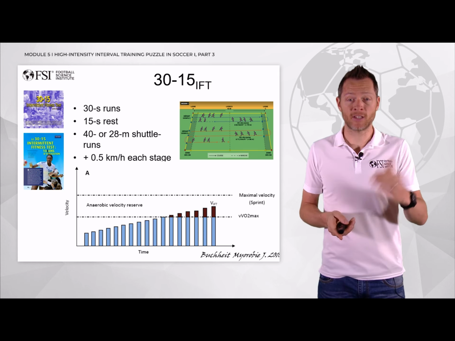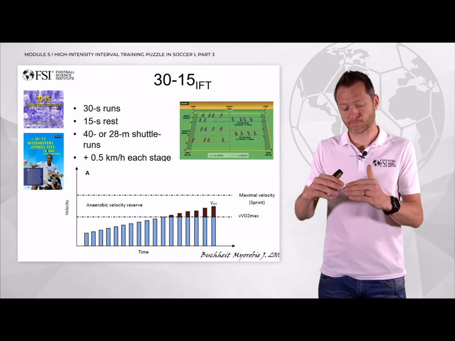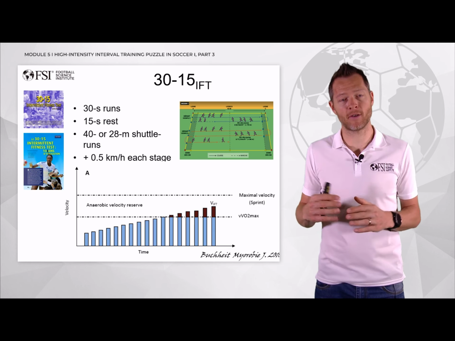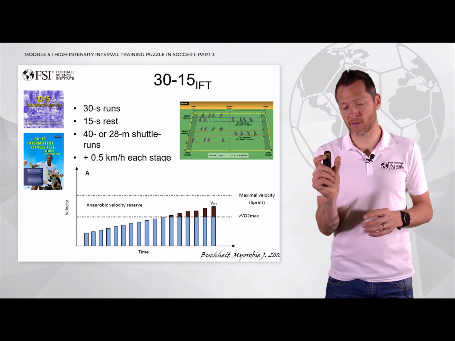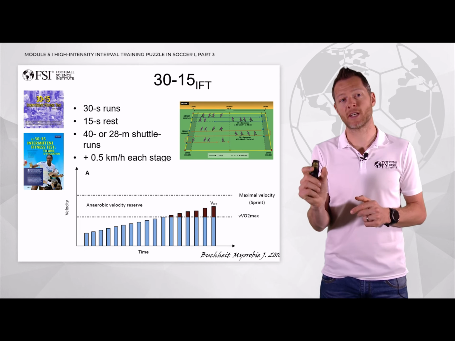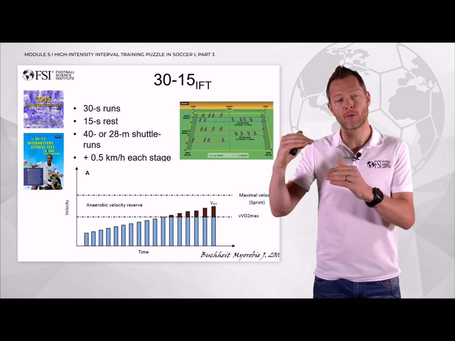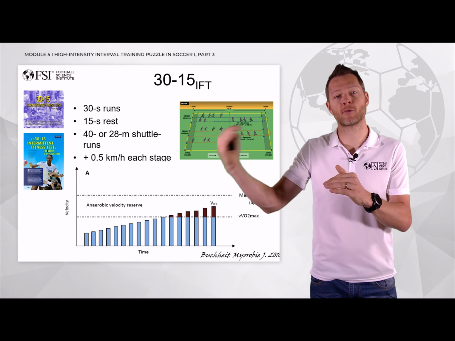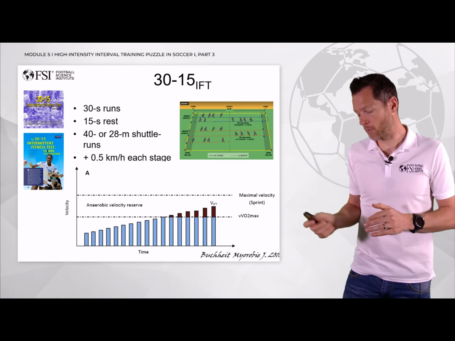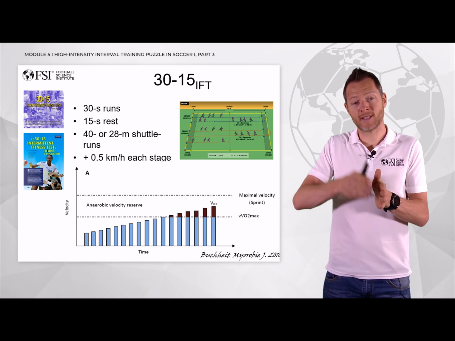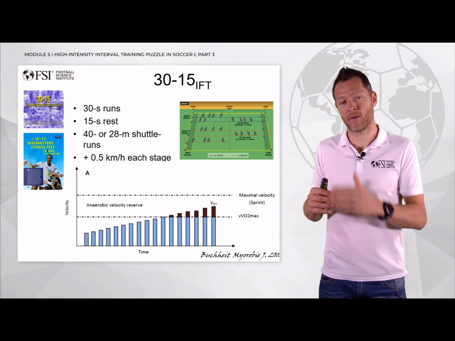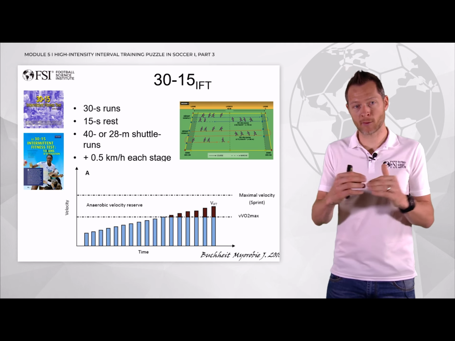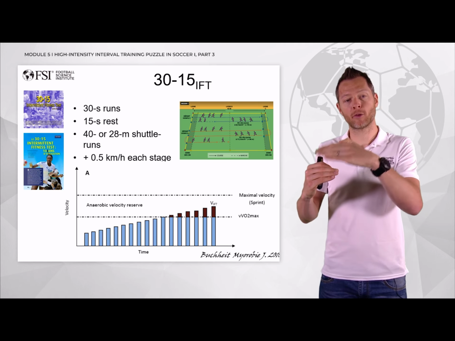And then finally, the test follows the same type of increment in speed as the other tests. In that case, every 30-second stage is performed 0.5 kilometers per hour faster than the previous one. And as you can see in the bottom graph, the speed that is actually reached at the end of the test is clearly above VVO2 max.